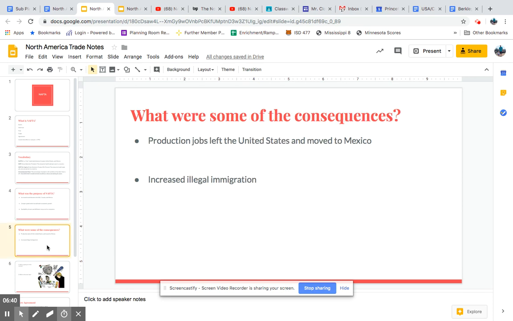What were some of the consequences? Two big ones here. Production jobs left the United States and went to Mexico. In our economics unit, we talked about regulations. One regulation that the United States has is a minimum wage.